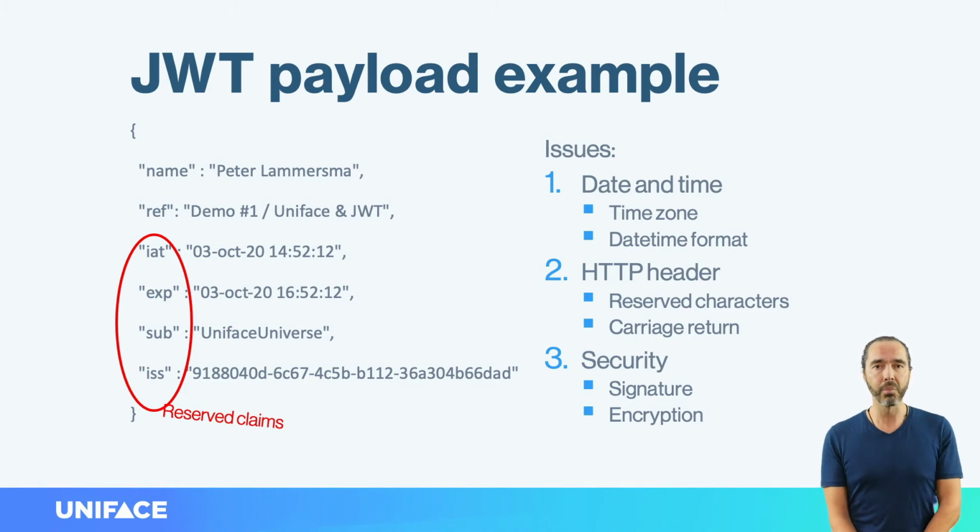But there are some issues with how we create it, how we send it over the line, and what we put into these claims. I'm going to solve these issues, and they have something to do with date and time, the HTTP header, and of course the security, because security is most important, I guess.